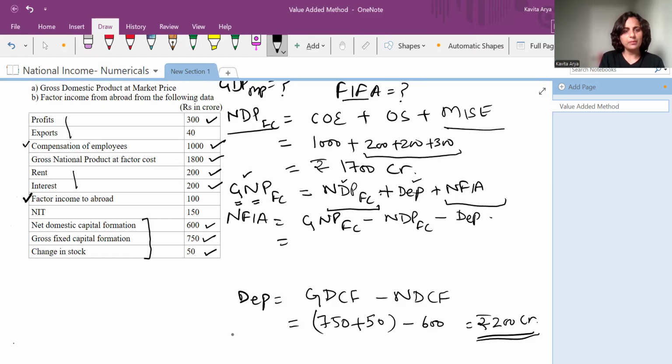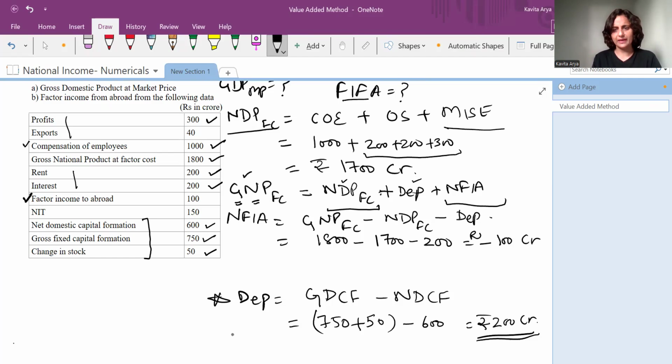Now, GNPFC is given to be 1800, minus NDPFC we have calculated to be 1700, minus depreciation is 200 as per this calculation. So this is 1900 of minus and 1800 of plus. It means minus 100 crore rupees is the value of NFIA.